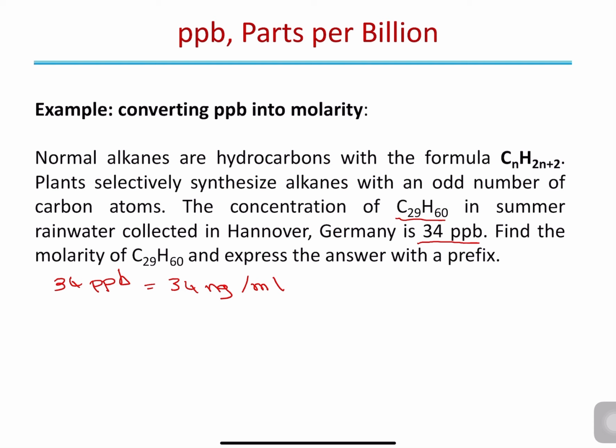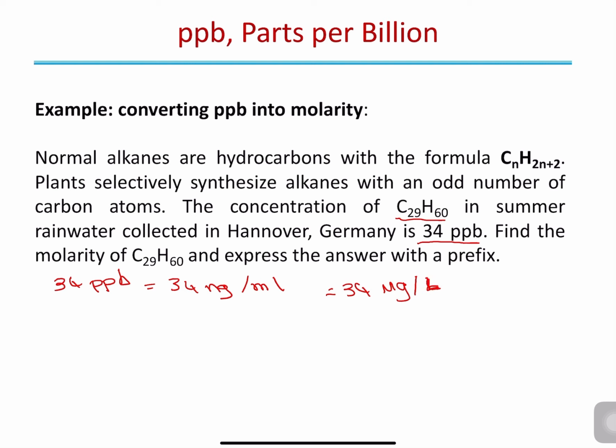This is because the density of the rainwater is close to 1 gram per milliliter. And to find the molarity, we need first to know how many grams of that hydrocarbon C29H60 are contained per liter. So the first thing also to know is that 34 part per billion means not only 34 nanogram per mL, but it also means 34 microgram per liter.